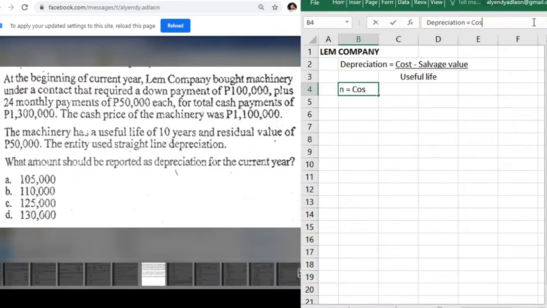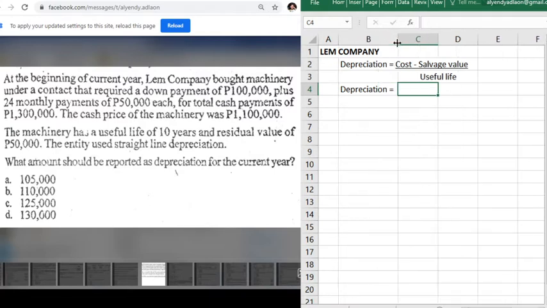So first, let us determine how much is really the cost. As you can see, we have here a down payment of 100,000 plus 24 monthly payments of 50,000. So how much is that? 50,000 pesos multiplied by 24 is 1,200,000, plus the 100,000 down payment. So in total, that is 1,300,000.